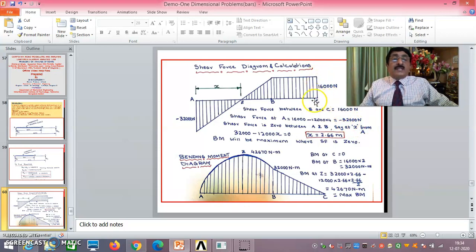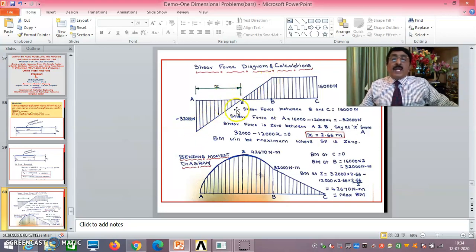Up to B it is 16,000 only. Since between B and A you have UDL, it is a straight line which connects these two points. This is a straight line in the shear force diagram, but it is parabolic in the bending moment diagram.